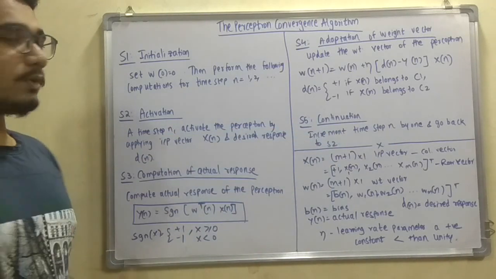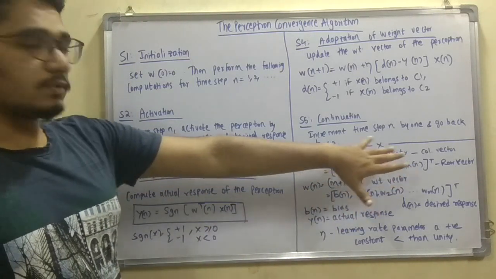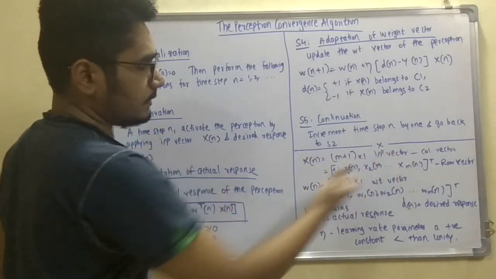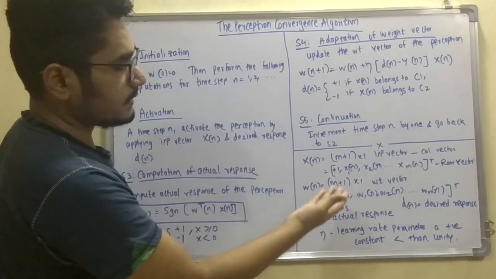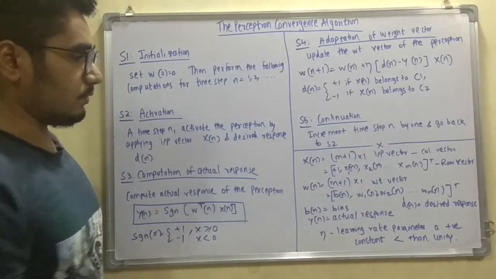For addition we need to convert it into a row vector, so we take the transpose of this column vector, and you get plus 1, x1n, x2n up till xmn.